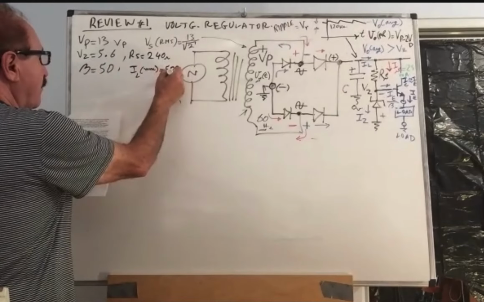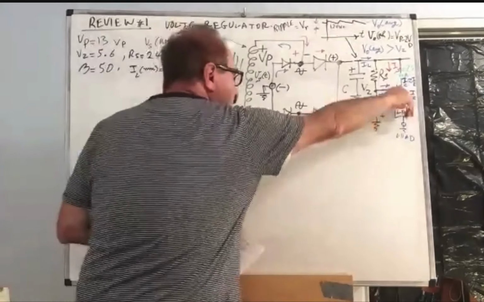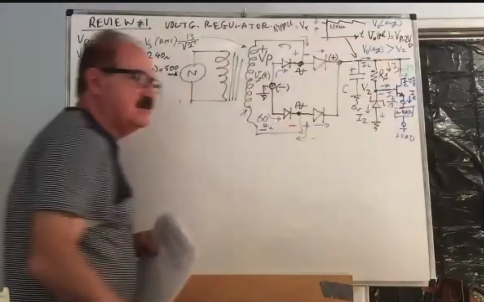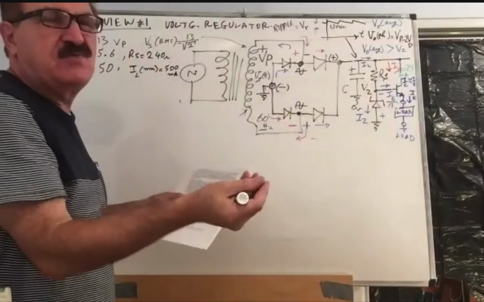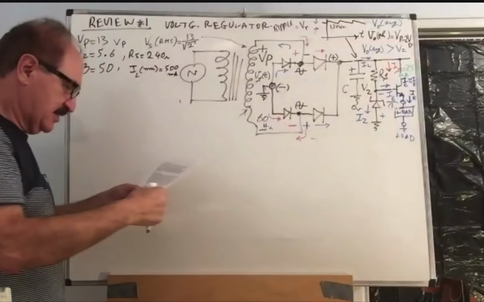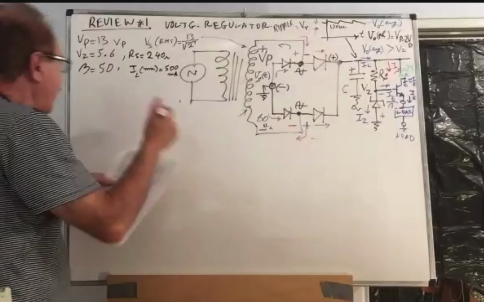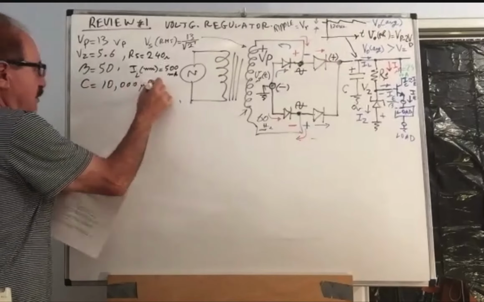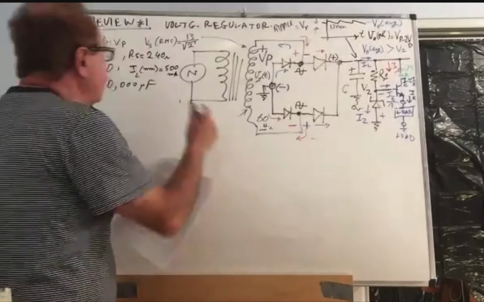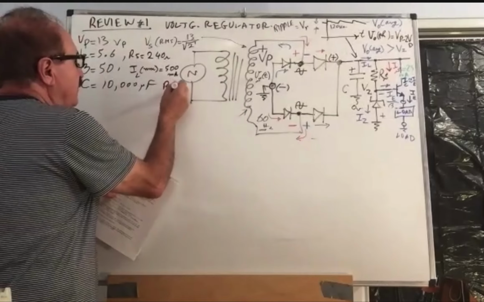So we intend to increase the emitter current from very low, practically nothing, a few milliamps, all the way to 500 milliamps. That's a lot of current. Capacitor is 10,000 microfarad, and RZ is 5 ohm.